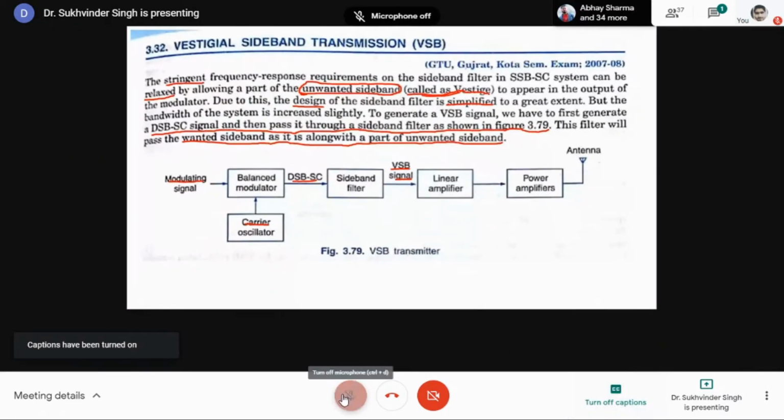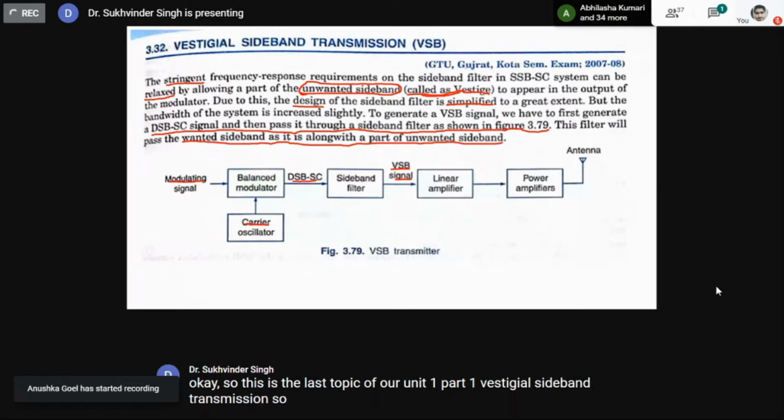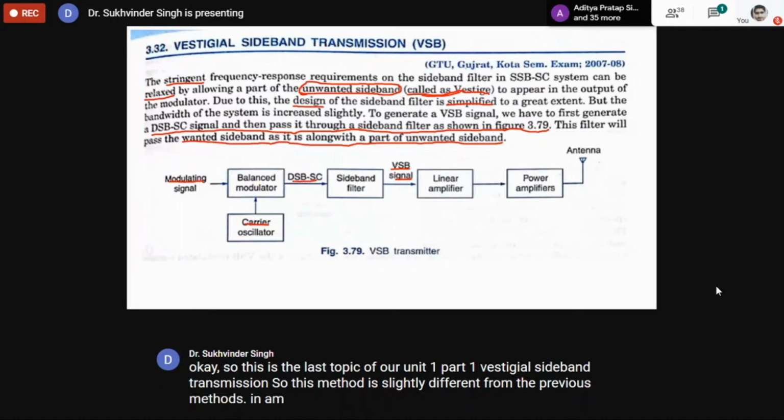Okay. So this is the last topic of our Unit 1, Part 1, vestigial sideband transmission. This method is slightly different from the previous methods. In AM, we have the full carrier and both bands available.